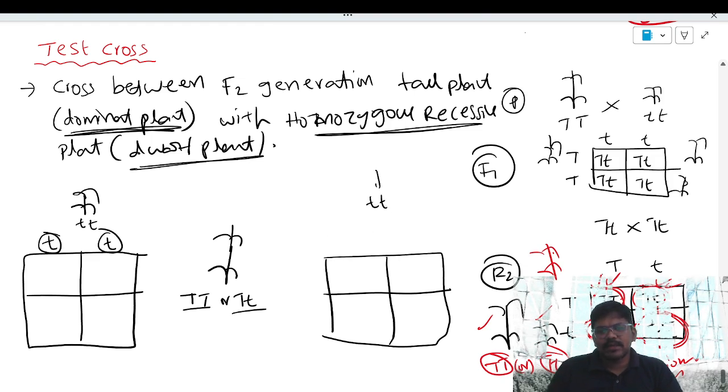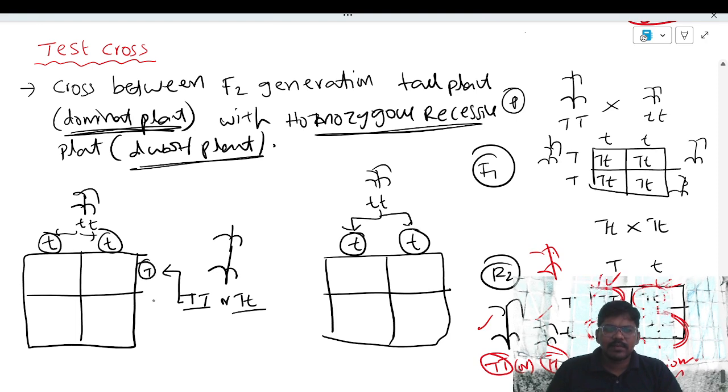If the tall plant is heterozygous dominant, we will get a different result. But always the homozygous recessive plant will give only one type of gamete, which contains small t. If the tall plant is homozygous dominant, it will give similar gametes with all dominant alleles.